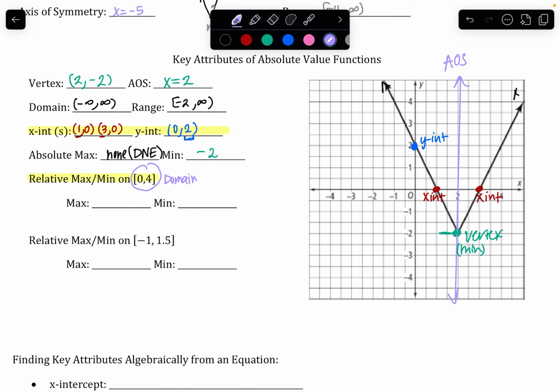If we just look from x equals 0 to x equals 4, draw in those vertical lines. We're only looking at the function between these two values.